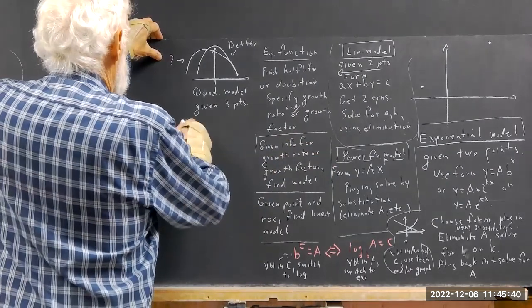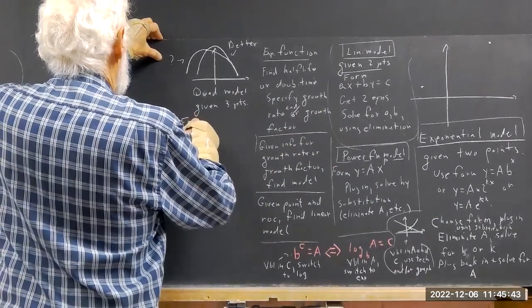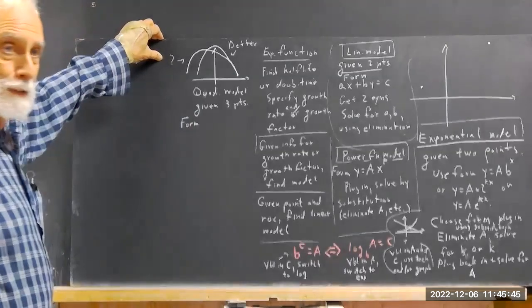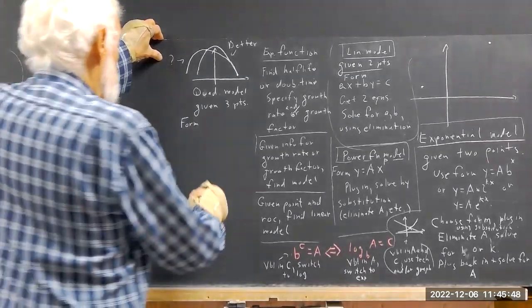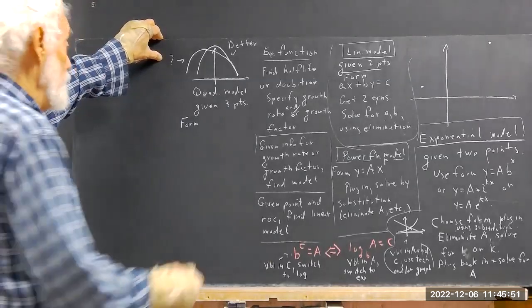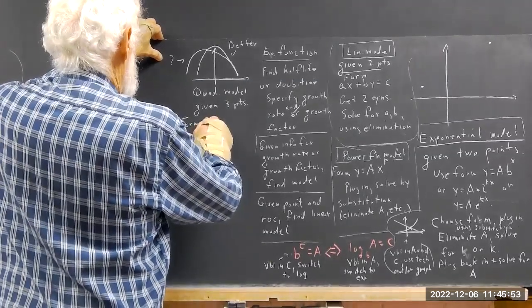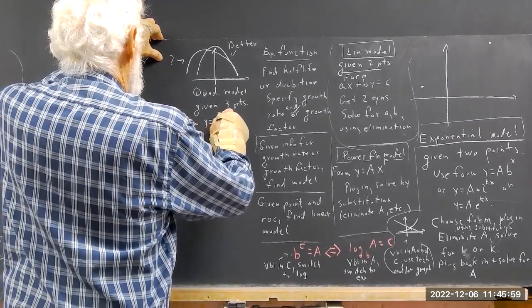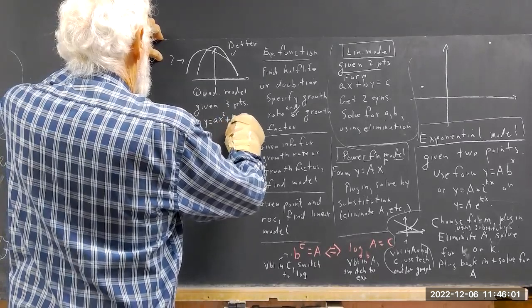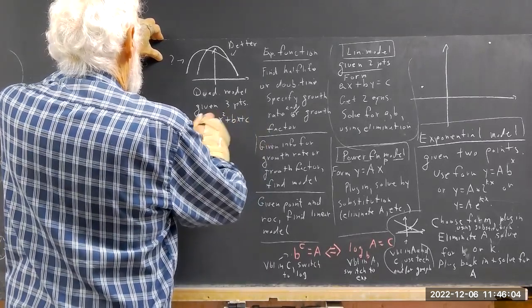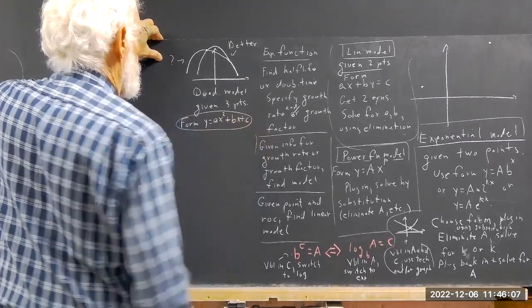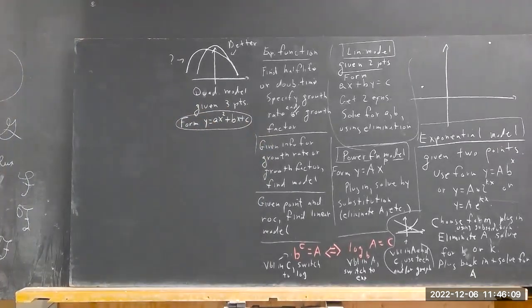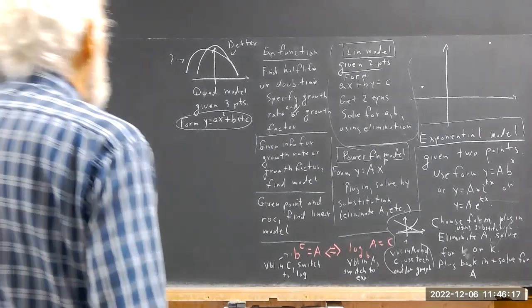Quadratic model given 3 points, we're having trouble getting down specifically, but you really need to know this because we use it with the quadratic equation. It's part of the statement of the quadratic formula, very important.